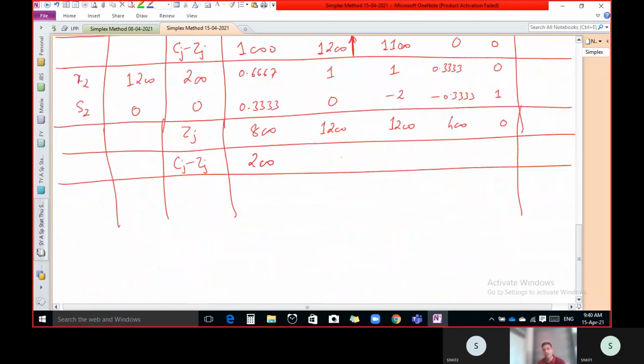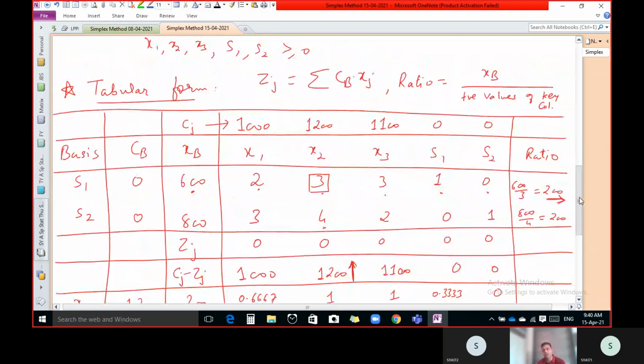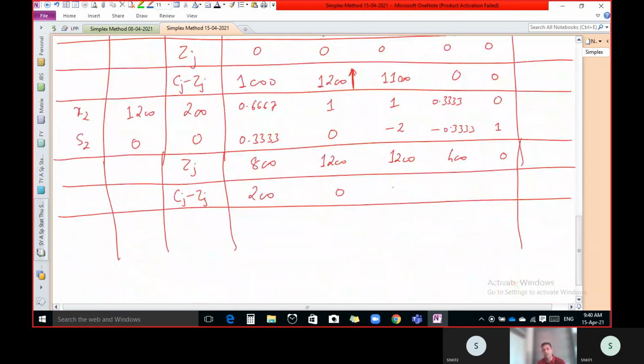Then 1200 minus 1200, that is 0. 1100 minus 1200, that is minus 100. Then 0 minus 400 is minus 400. And 0 minus 0 is 0. Now these two are negative, so just forget it. Only one positive value is there, then compulsory we have to select this as a key column.